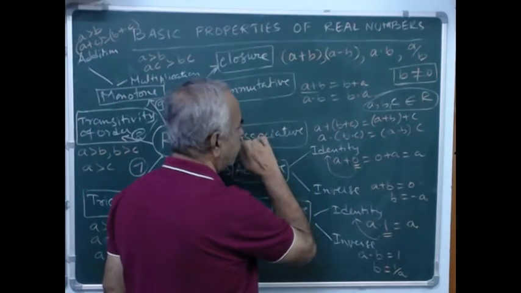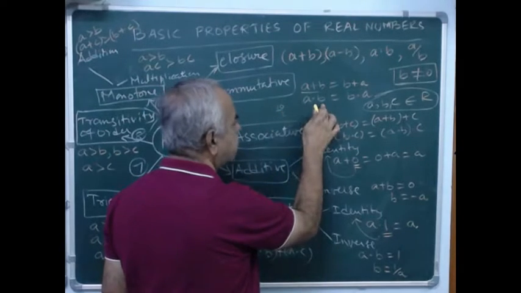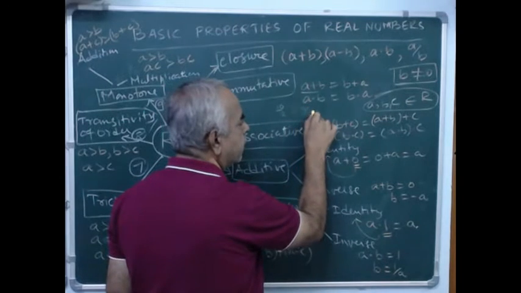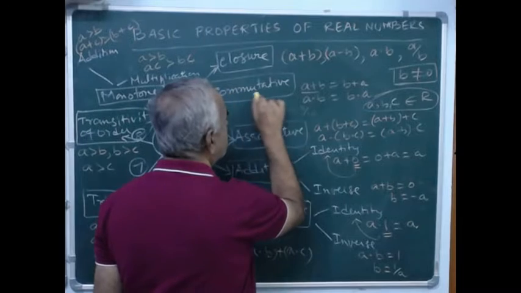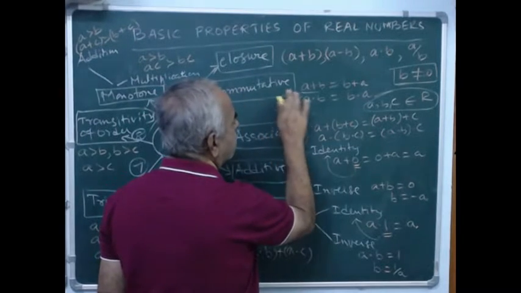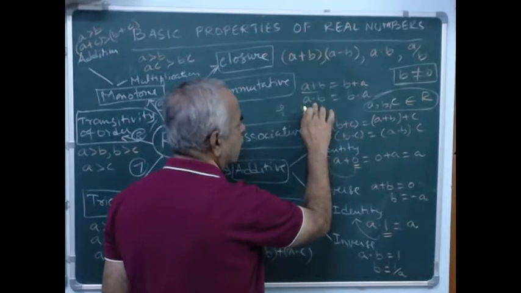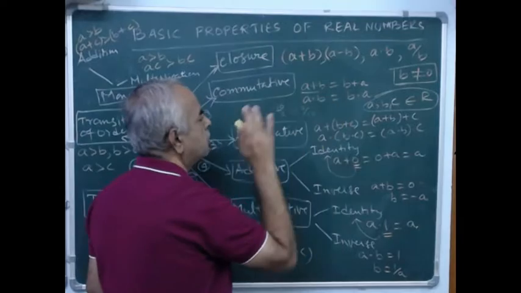I would like to share one important point. When I say 10 divided by 2, that is division, 10 divided by 2 is not equal to 2 divided by 10. Are you able to understand? So the commutative law is applicable only for addition and multiplication, not for subtraction and what? That is division.